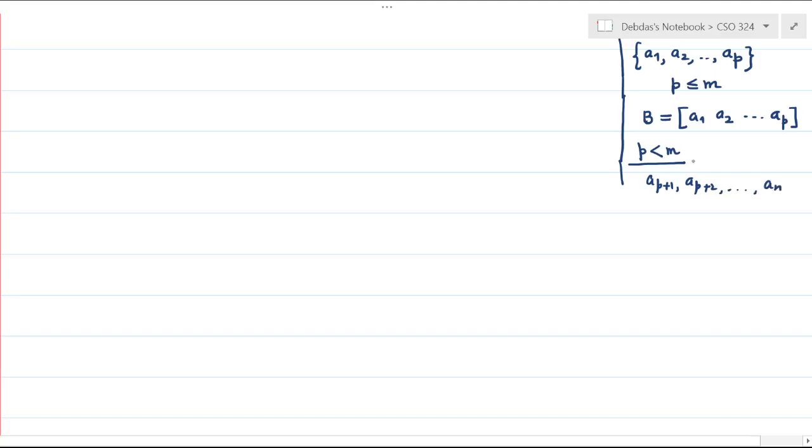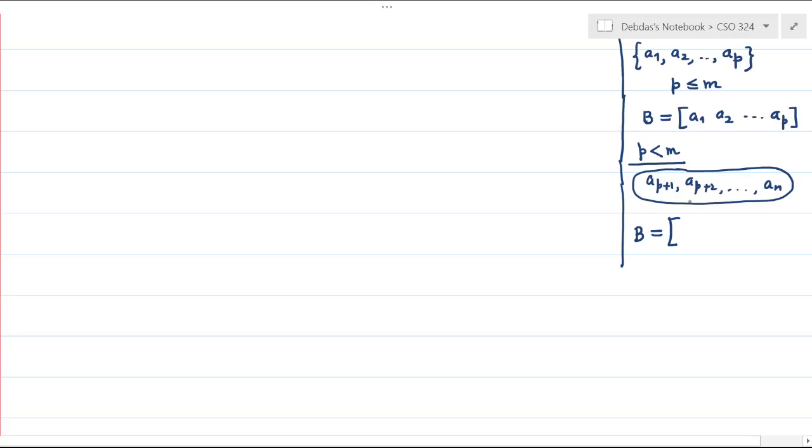Out of these n minus p vectors, you keep on inserting into the matrix capital B, you keep on taking vectors from these n minus p column vectors of A such that, together with A1, A2, ..., AP, they will be a linearly independent set.